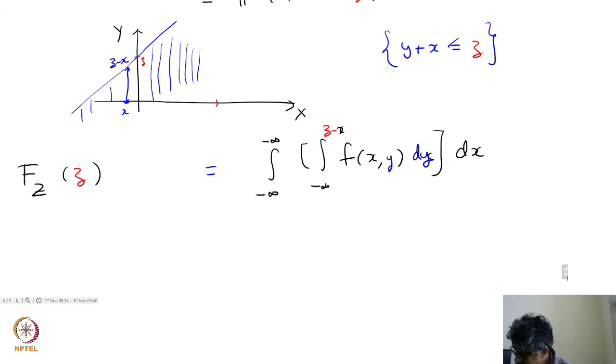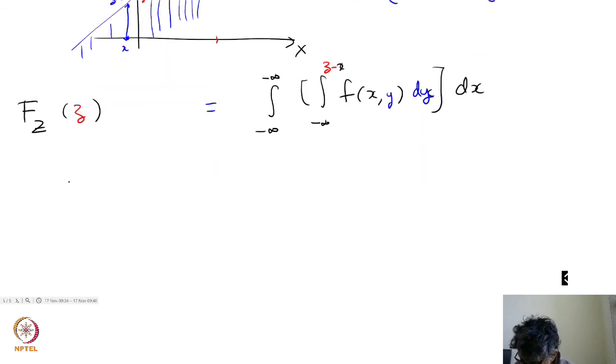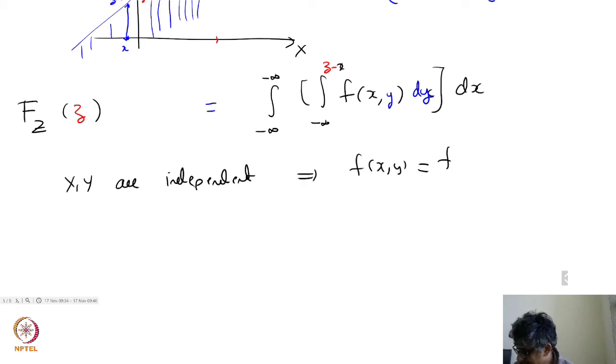Now if you stare a little bit, the first thing you observe is X and Y are independent. So this would imply f at (x, y) is just the multiplication of the two densities. That's by independence.